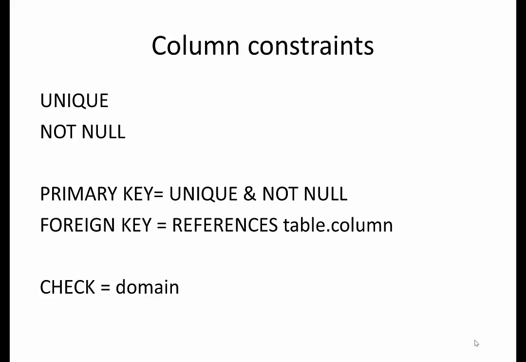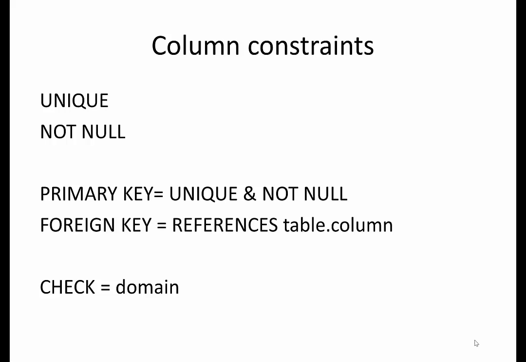The foreign key references another column in another table, and if you remember, the value of the foreign key must exist in the column in the other table or be null.